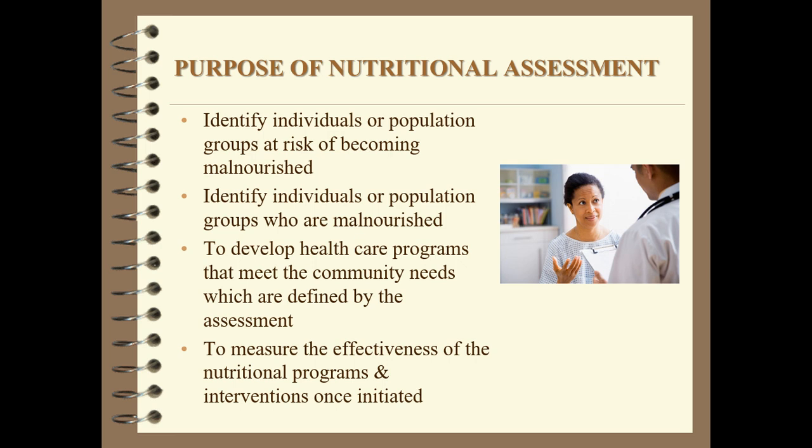Nutritional assessment can also be done to identify individuals in the population that are already malnourished. So it can determine those who are at risk for it and those who are already malnourished. And in Jamaica, we use the term malnourished very loosely. But malnourished or malnutrition is when you have over or undernutrition.